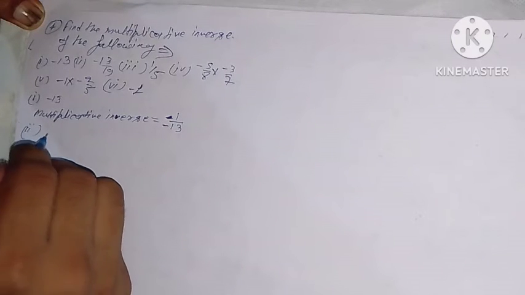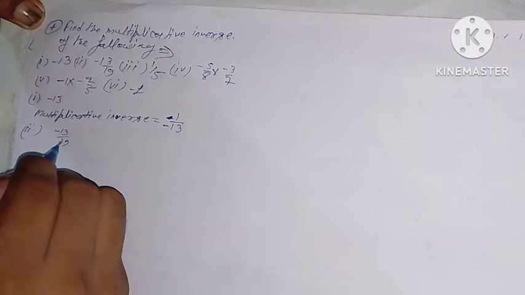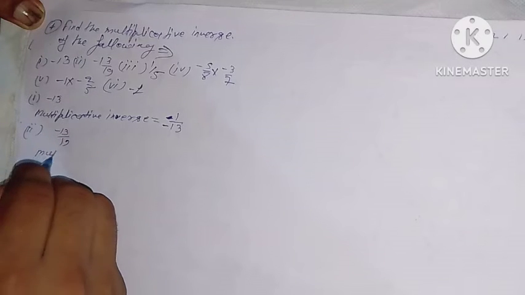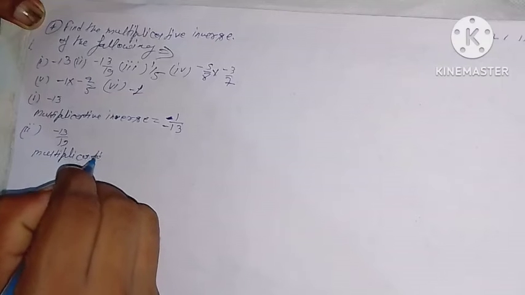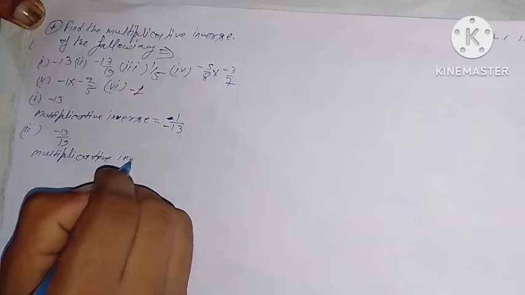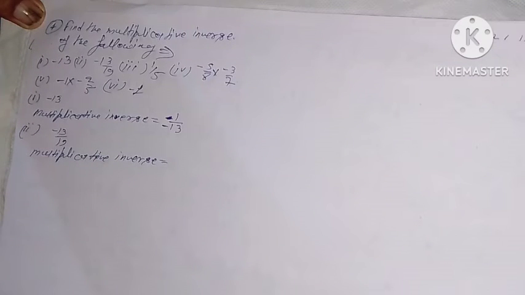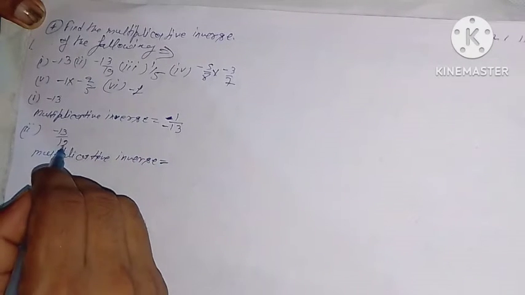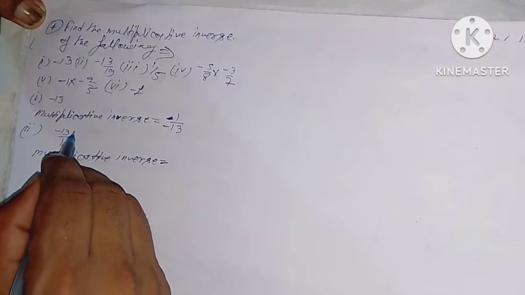Second question, the multiplicative inverse of minus 13 upon 19. The numerator is changed into the denominator and the denominator into the place of the numerator.